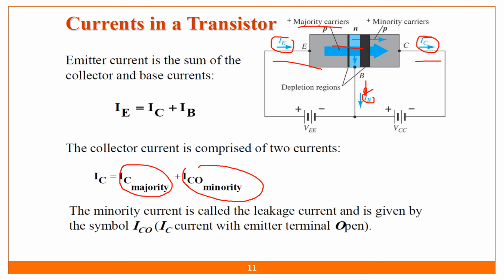The minority current is caused by leakage current, and is given by the symbol ICO, the current with the emitter terminal open. With the emitter terminal open, whatever current flows is very small, so IC is basically due to the majority charge carriers.